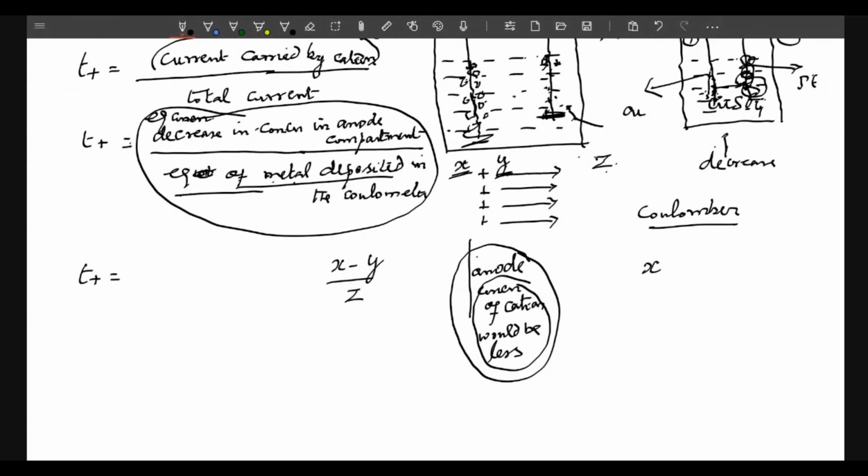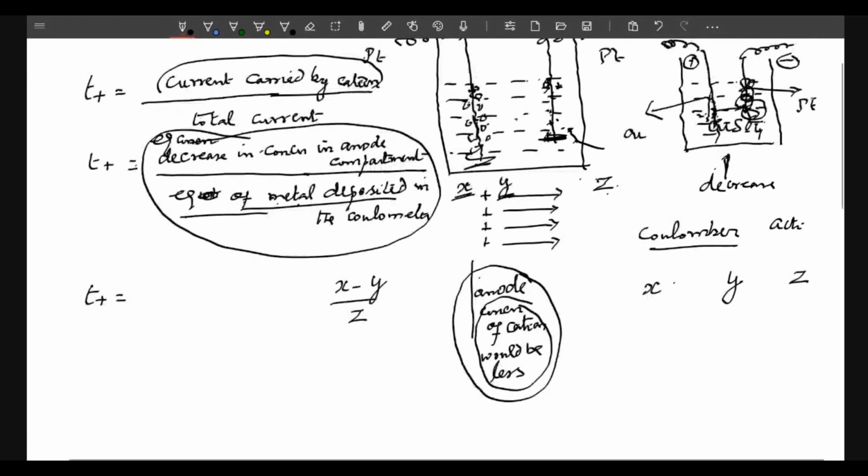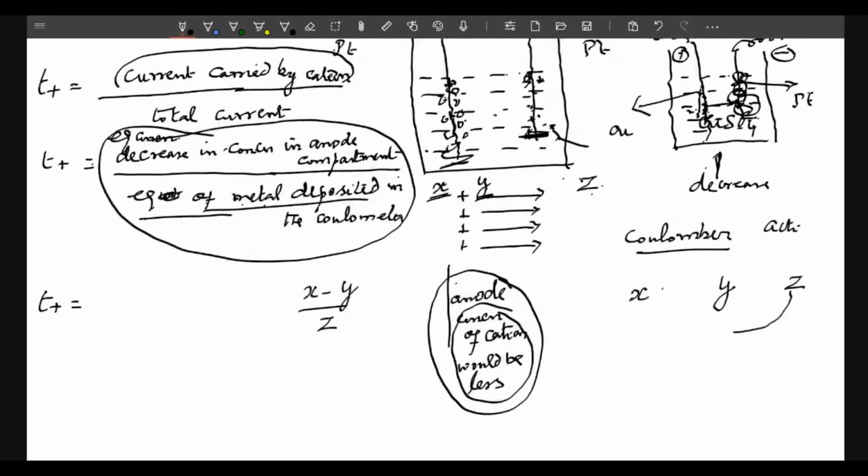But when you use the active electrode, the initial concentration is X, once again the final concentration is Y, and in the coulometer Z amount of metal is deposited. Since the copper electrode is an active electrode, during the electrolysis Z amount of copper would be deposited, so there is an increase. Therefore, you should sum X plus Z, the initial concentration and the concentration increased during the electrolysis.